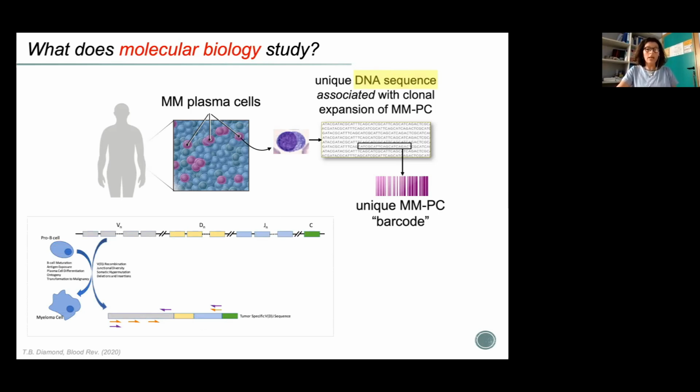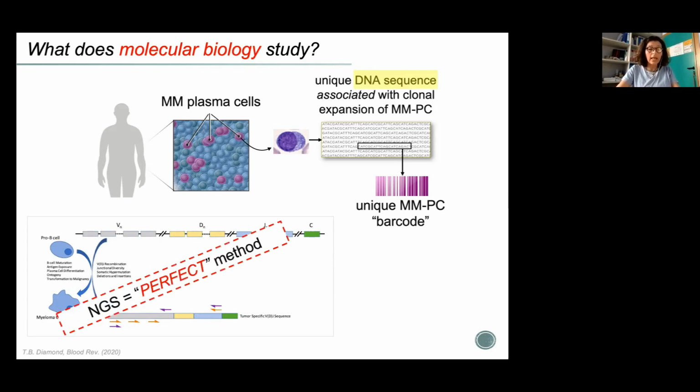This is the reason why, among the different possible molecular approaches for MRD evaluation, such as ASO-PCR or digital PCR, next-generation sequencing has been considered the most reliable.